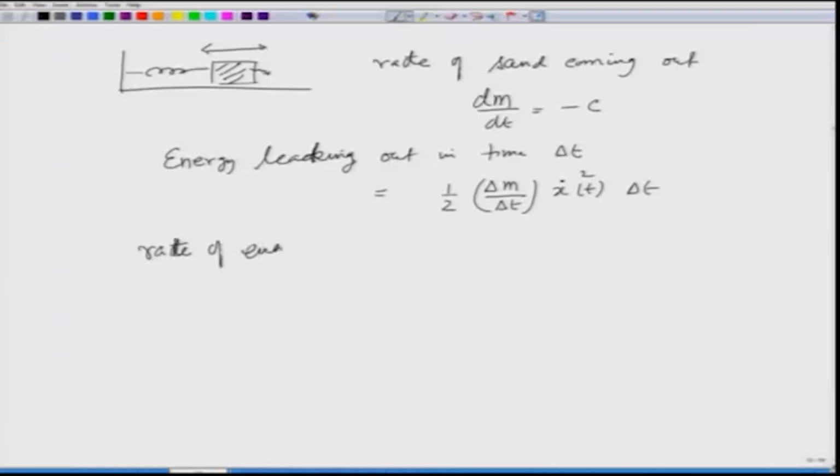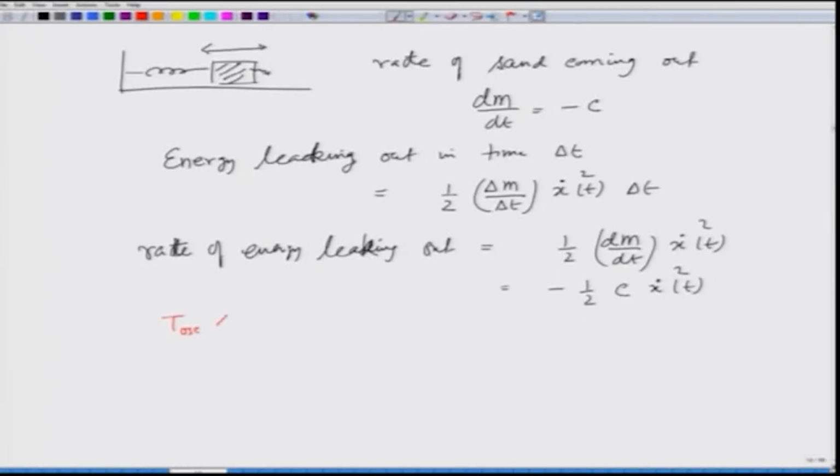And therefore, the rate of energy leaking out is going to be equal to 1/2 dm/dt x dot squared, which is nothing but minus 1/2 c x dot squared. And since we have already assumed that T oscillation is much less than m naught over c, mass does not really change much during an oscillation, and therefore, I can assume for 3, 4, 5, 10 oscillations there is an angular frequency and there is an amplitude.